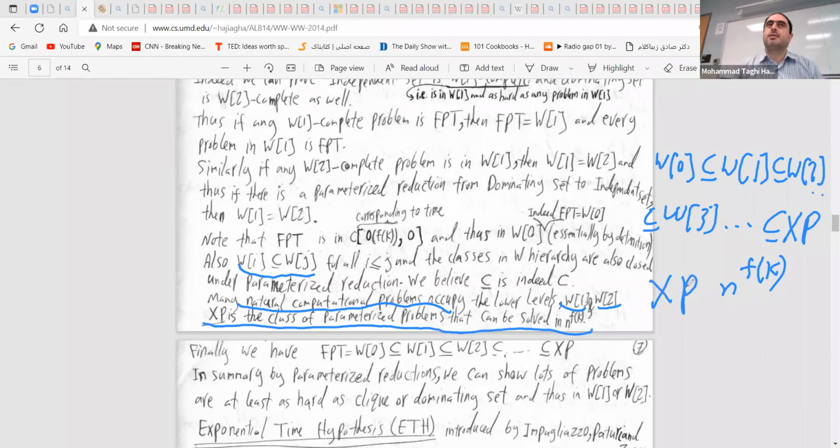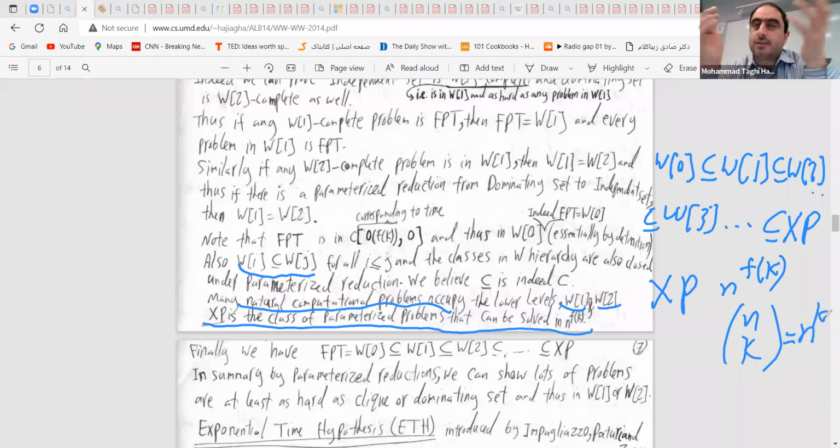XP essentially says that the running time of your algorithm would be n to the f of k. Of course, almost all problems have such an XP algorithm. For example, to see whether there is a clique of size k, you can just check all n choose k sets, which is n to the k.